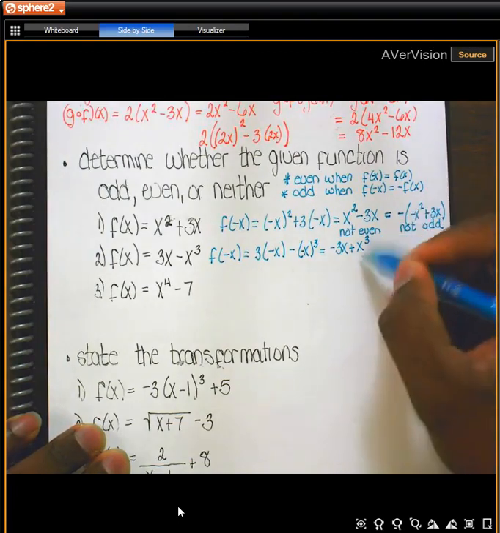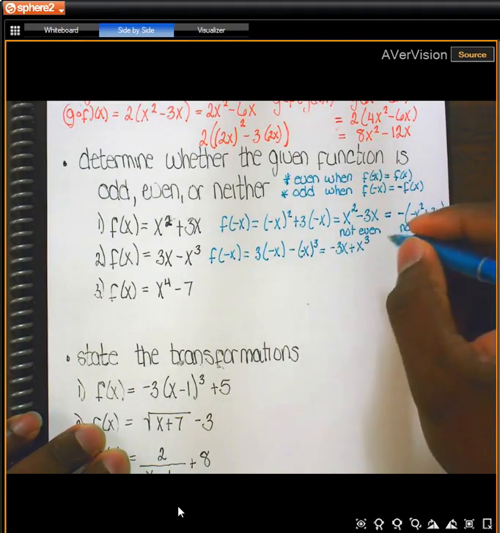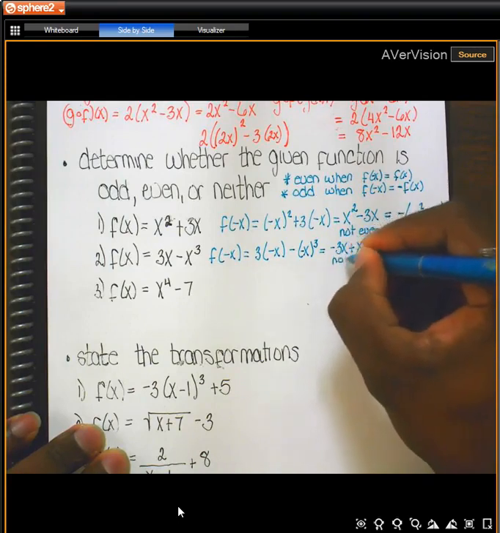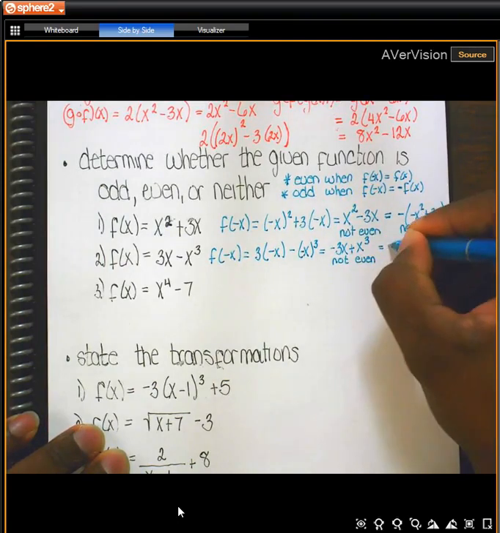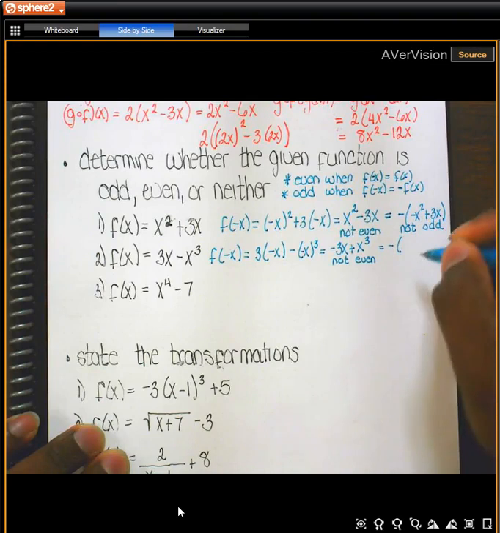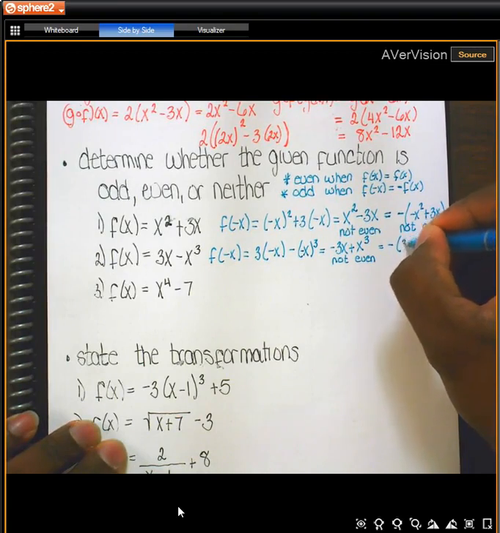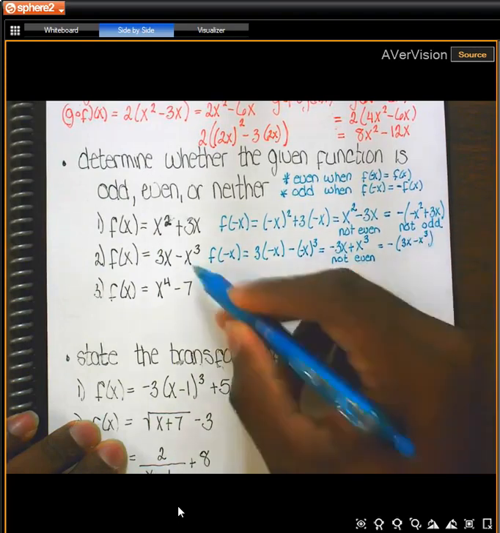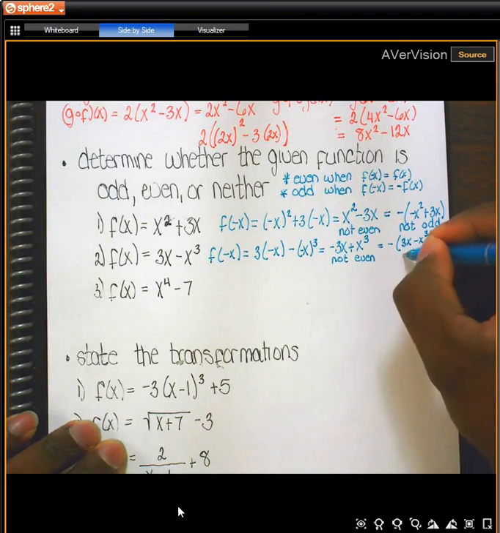All right, is it the same as the original? No, so it's not even. Now let's factor out a negative. If we factor out a negative, what's left? Is that the same as the original? So this one is odd.